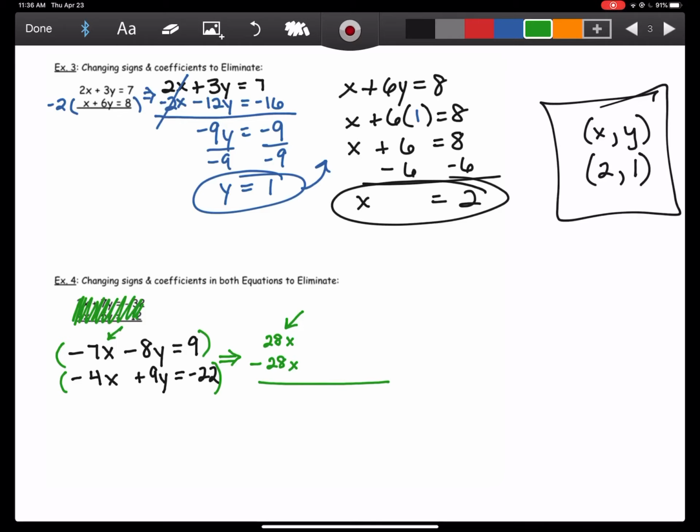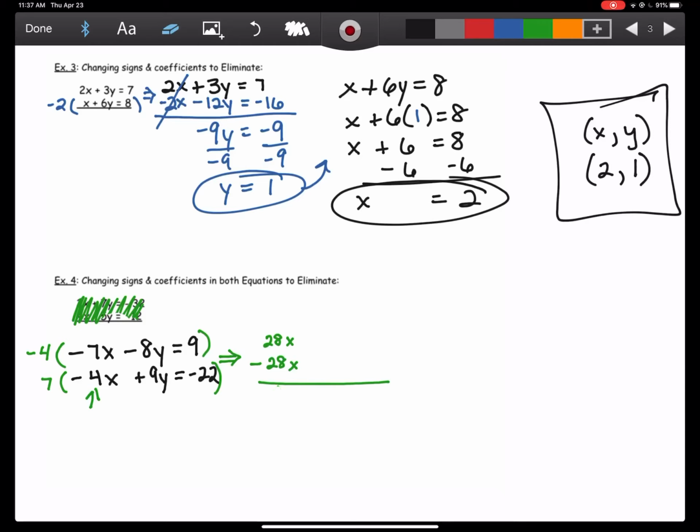I need to multiply by negative 4. Okay, now I have negative 4 times negative 7 will make positive 28x. Okay, let's take a look at the bottom equation. If I have negative 4 and I want to make negative 28, what do I have to multiply negative 4 by? Just a positive 7, because 7 times negative 4 will make negative 28.